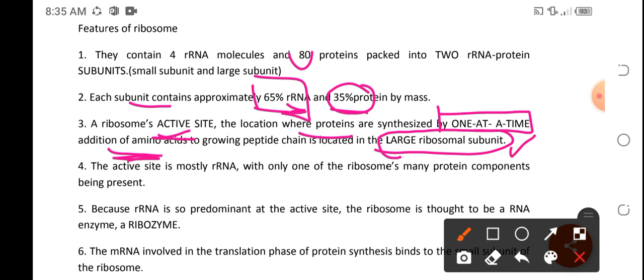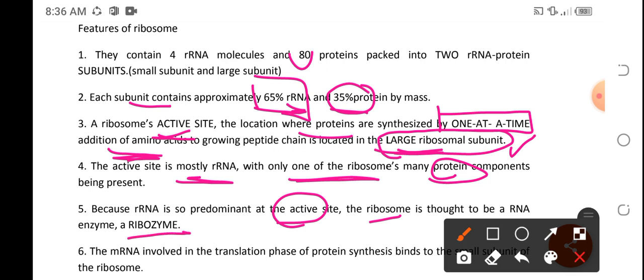Okay? The active site is mostly rRNA, such that isa lang daw yung protein component niya. And with this, dahil predominant ang rRNA dyan sa active site na large ribosomal subunit, they thought that the ribosome is an enzyme, a ribozyme.